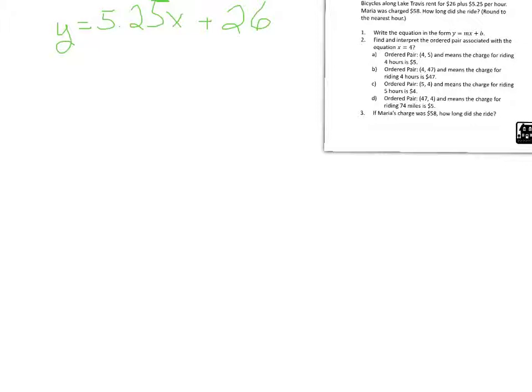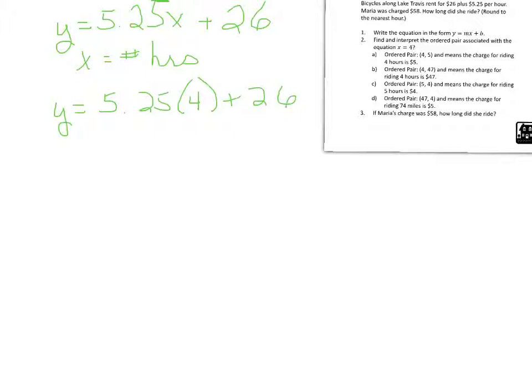So 2, what about if x is 4 hours? So what if x equals 4? Well, x is the number of hours. So we can tell you that right off the bat. If x is 4, we have y equals 5.25 times 4 plus 26.